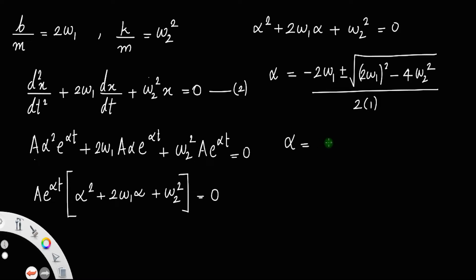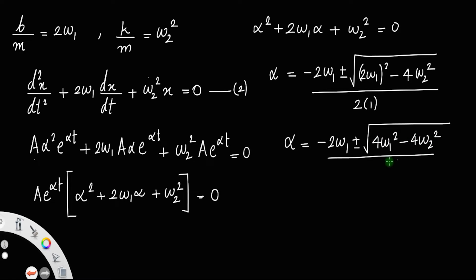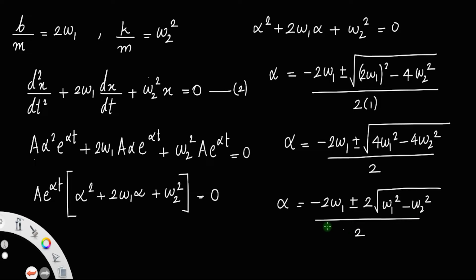So alpha is equal to minus 2 omega 1 plus or minus, this is equal to 4 omega 1 square minus 4 omega 2 square divided by 2. So alpha will be minus 2 omega 1 plus or minus, this 4 you can take that out. So root of 4 is 2, omega 1 square minus omega 2 square divided by 2.